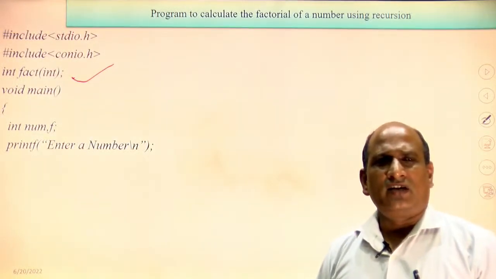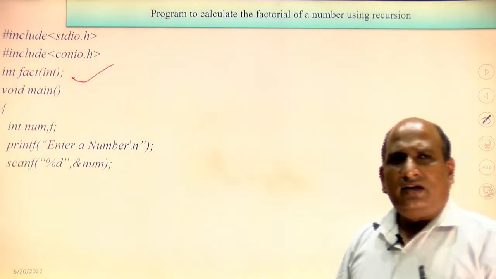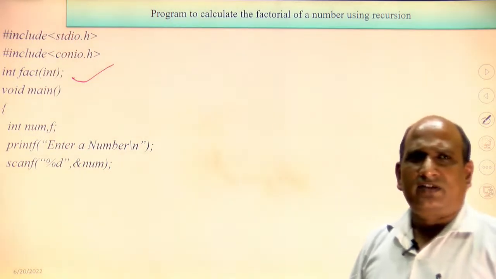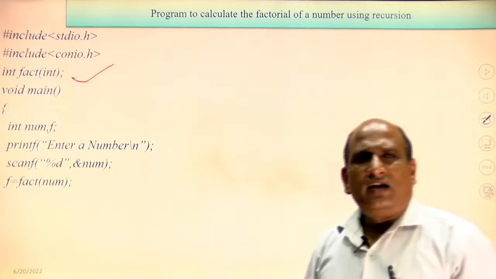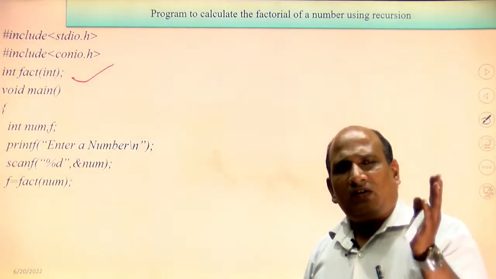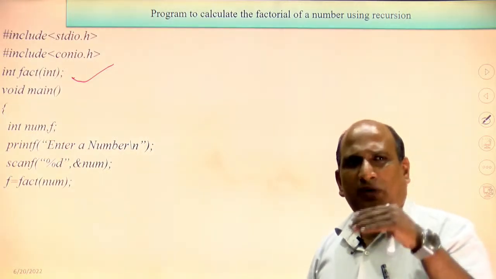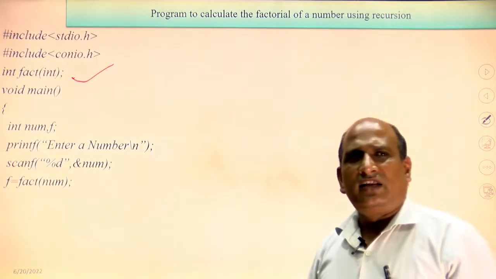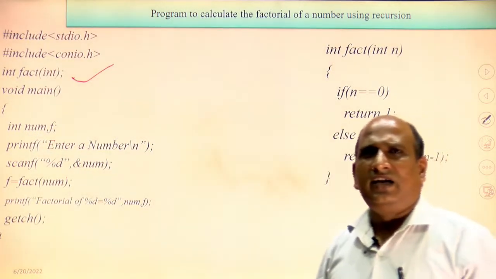Then we start the main function, and in main we enter a number n using the scanf function. We enter the number into the num variable and call the function fact(num), where num is passed by value to this fact function, which is defined over here on the right-hand side.